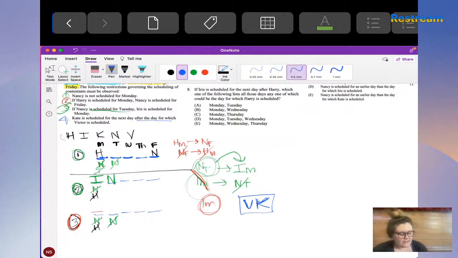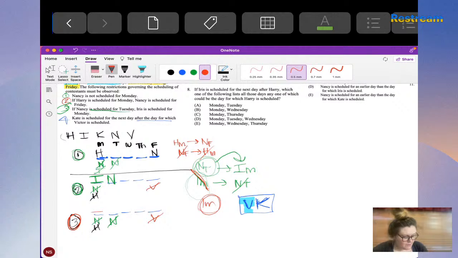However, what does this mean for Kate? You don't want to do this in your diagramming on every game that you ever do, but these are the things that we want to be thinking about: where can V never go? Yeah, V can never go last, because if we were ever to put V last, there would be nowhere for K to go because we don't have any room there.